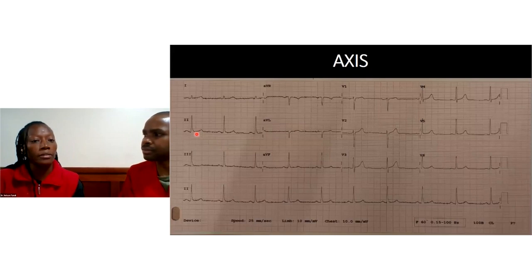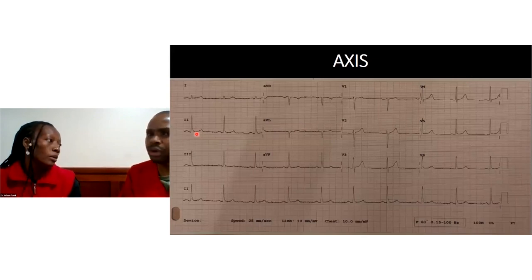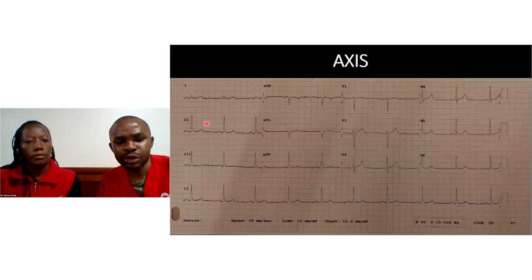If you expect a normal axis, and you expect positive and it is negative, then it is telling you that there is something wrong with this electrical flow. So now that you're doing the normals, when you come to the abnormals, you'll be able to pick them up. Grace, what next do we do?